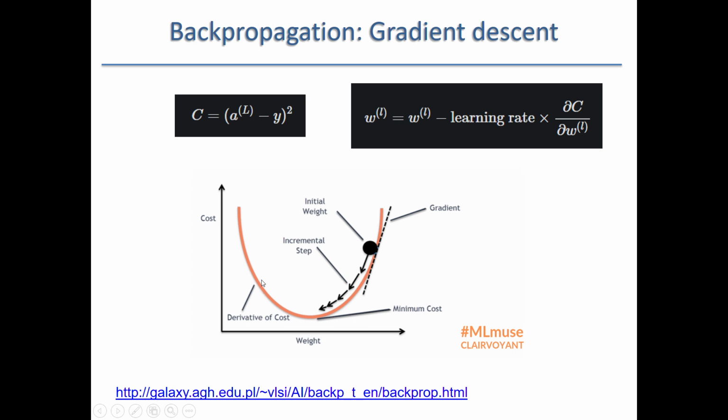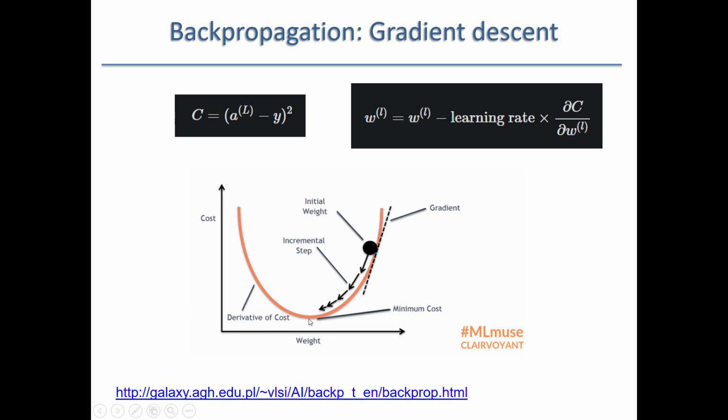Or when we increase the weight, the cost decreases. So this derivative is now negative. So this is negative, and then what we'll do is to increase the weight, so that in the next iteration we can have a better cost prediction.